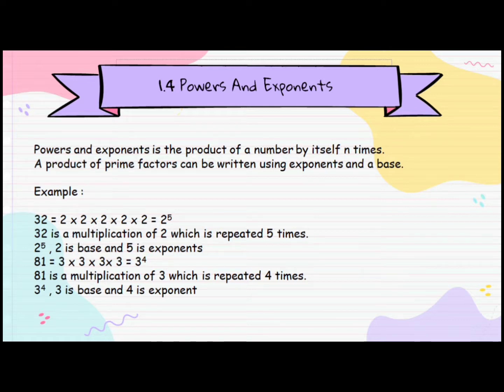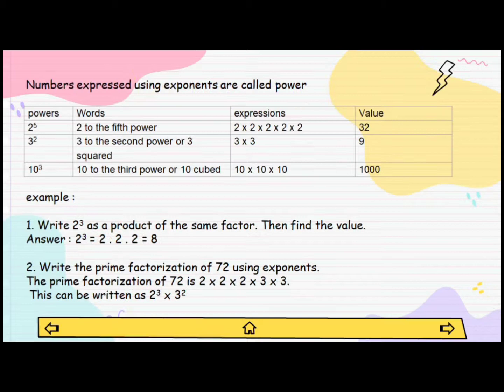81 equals 3 times 3 times 3 times 3 is equal to 3 to the power of 4. 81 is a multiplication of 3 which is repeated 4 times. In 3 to the power of 4, 3 is the base and 4 is the exponent.